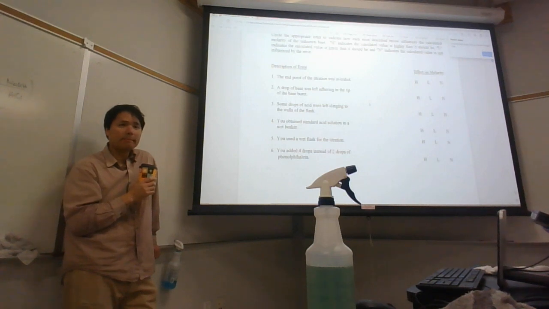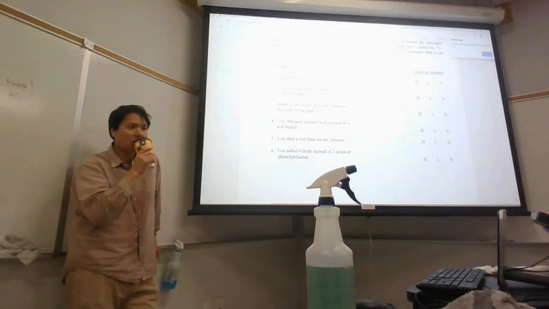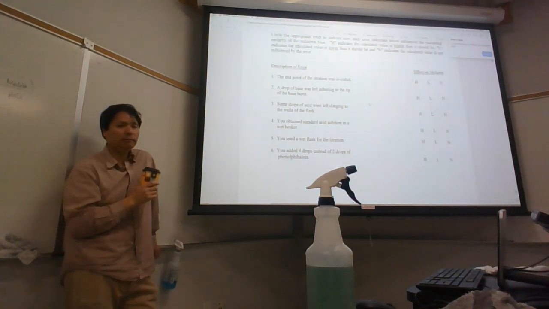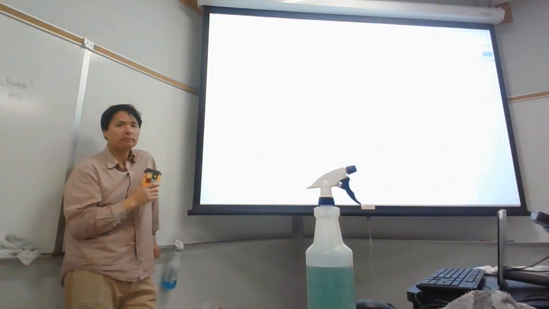Yeah, because if you measure this much base and this much acid, but it turns out that acid has more volume, so there's less. All right, so think about it and then convince me that you're correct. So you need this much acid and this much base, right?